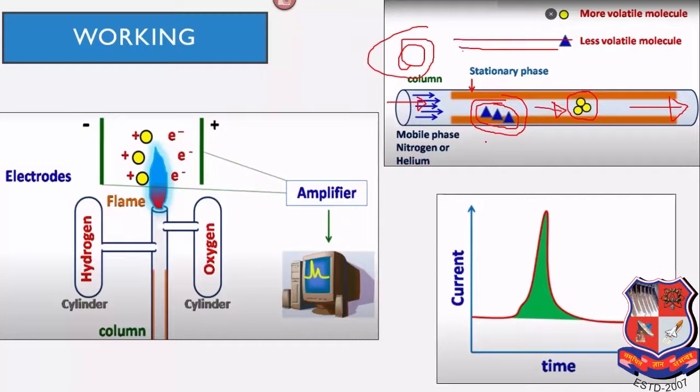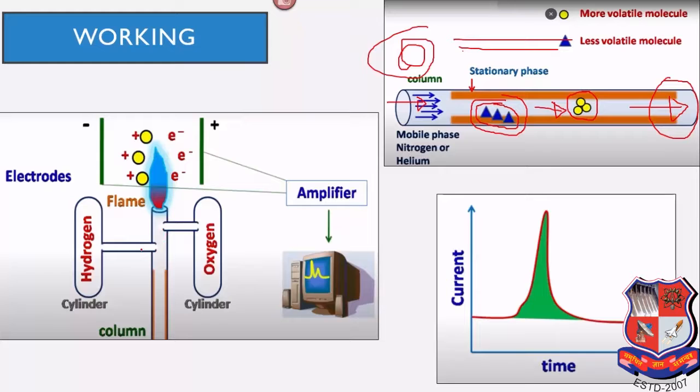At the end of this chamber or coil, it is connected with a hydrogen cylinder or oxygen cylinder, where the volatile compound is combined with hydrogen and oxygen.